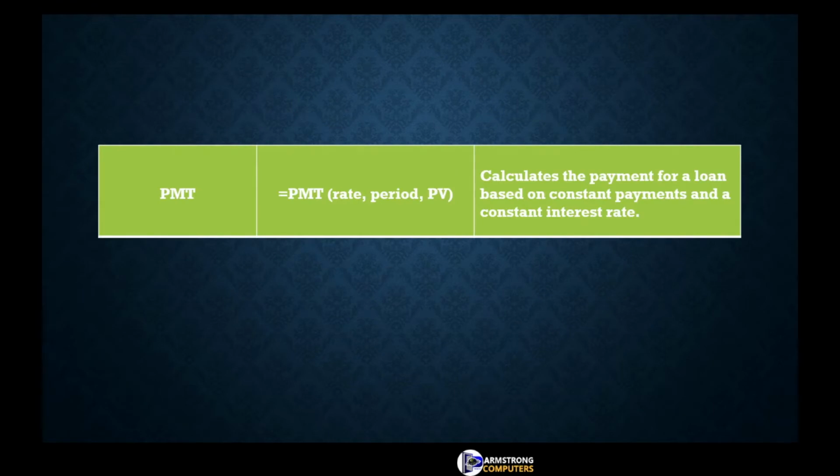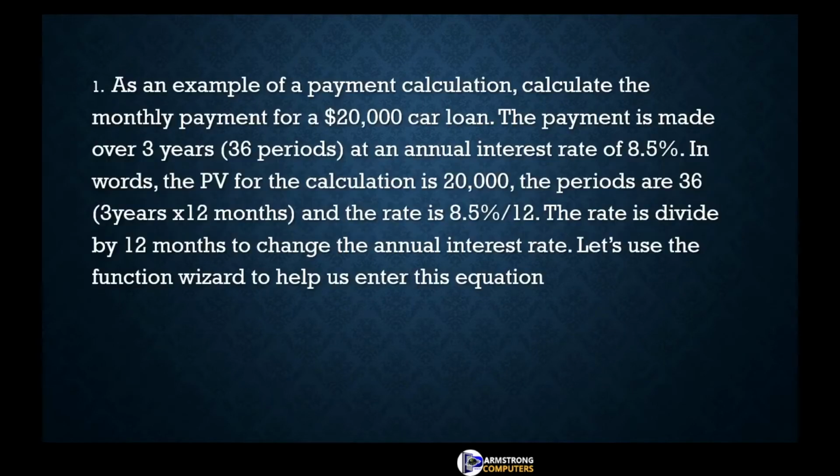When you look at the PMT description, it says that it calculates the payment for a loan based on a constant payment and a constant interest rate. When you look at the question, you realize that we've been given a constant payment and a constant interest rate. So basically we need to use the PMT.